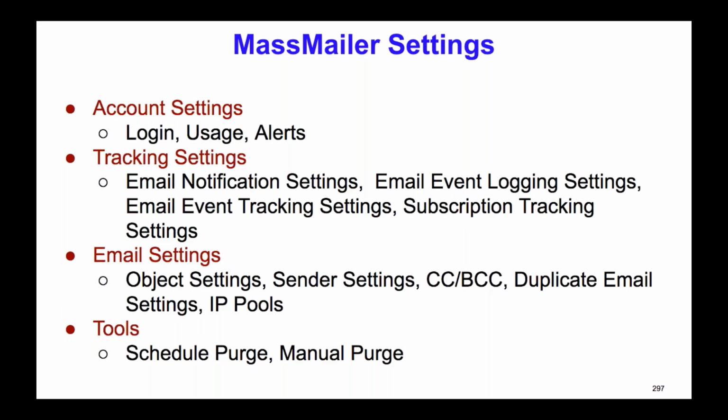There are various options there: email notification settings, email login settings, event tracking settings, subscription tracking settings, and then email settings, that is object settings, sender settings, CC, BCC, duplicate email settings, and IP tools, and finally the tools, that is schedule purge or manual purge. I think this should be good enough for today. Again, I'm going to go through the setup and also see how it is correlated to the emails that you're actually going to send out.